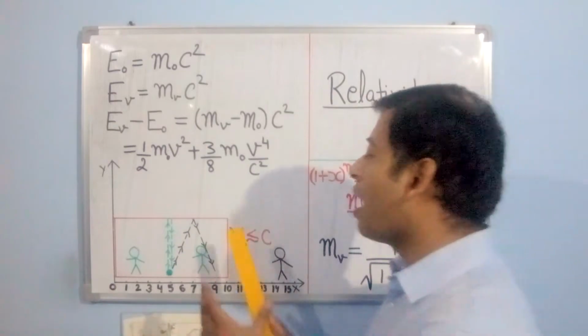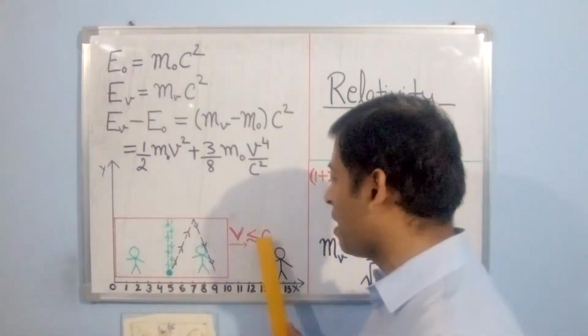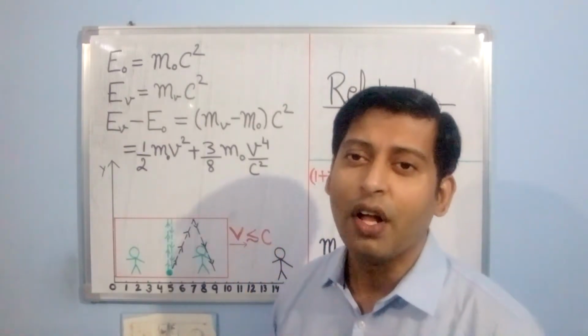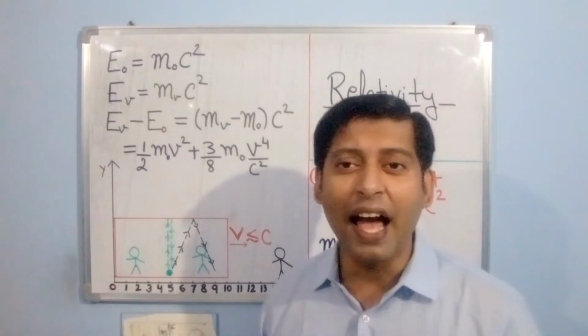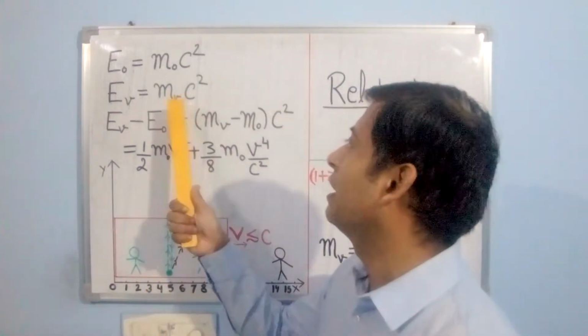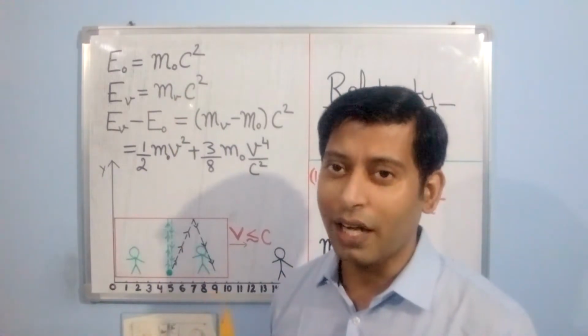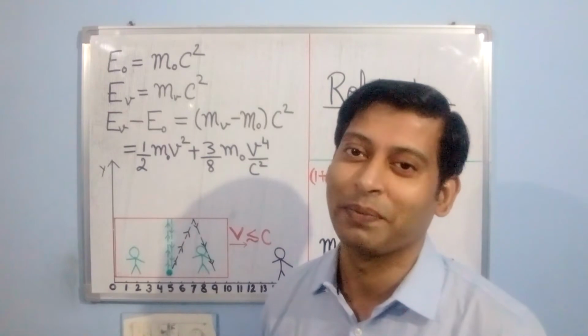Now let's say our train is moving at a very high speed v, approaching the speed of light. At that speed we have a different mass, mv, not m0, and this is all about the relativity of mass.